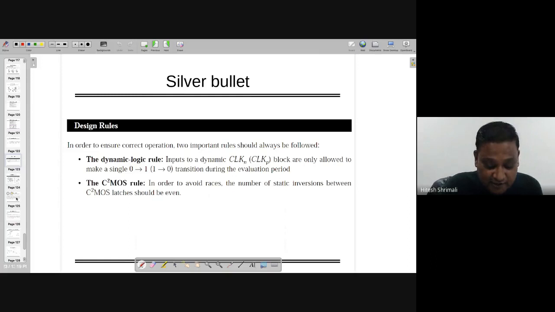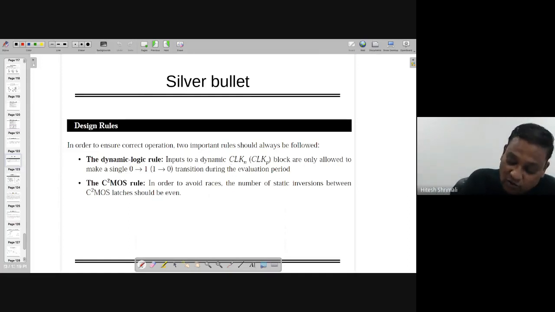So the dynamic logic design rule says that inputs to a dynamic clock N or clock P block are allowed only a 0 to 1 or 1 to 0 transition during the evaluation. If it is different, if it is going from 0 to 1 when it's a clock N, the output is not going to be precharged. And the same thing will happen if it is flipped logic.